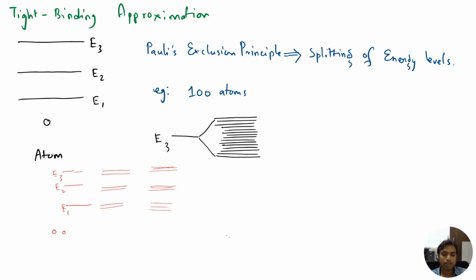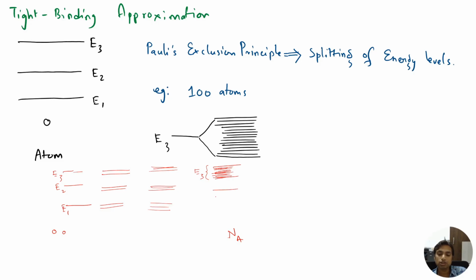Now imagine when you make a solid, it is of the order of Avogadro number of atoms. So you will have this many energy levels for a particular level. Let's say this is the E3 band. It will have of the order of Avogadro number of these closely spaced energy levels.